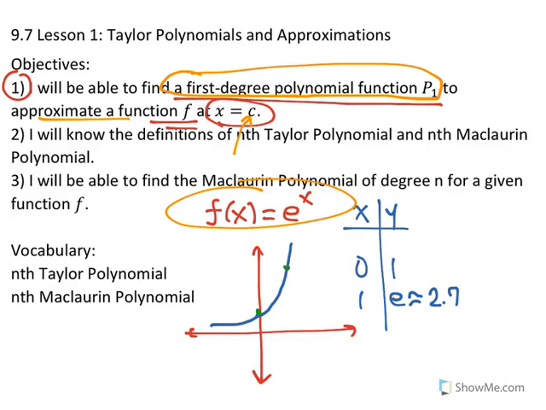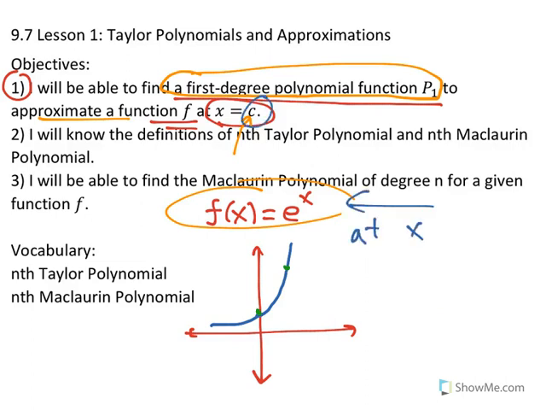So we're going to say approximate this function at a particular chosen value c, which we will choose to be 0 for our example. So what that means is, at this point where x is equal to 0, we'd like to center our approximation.